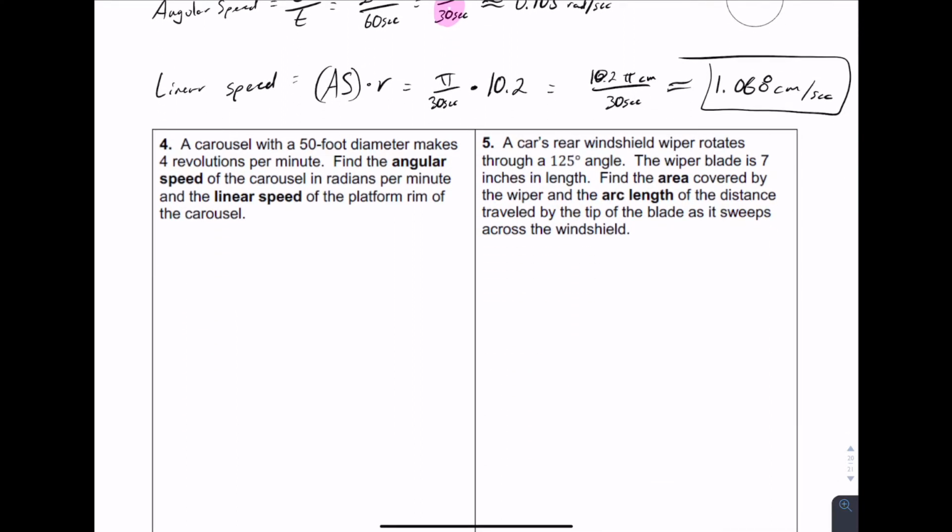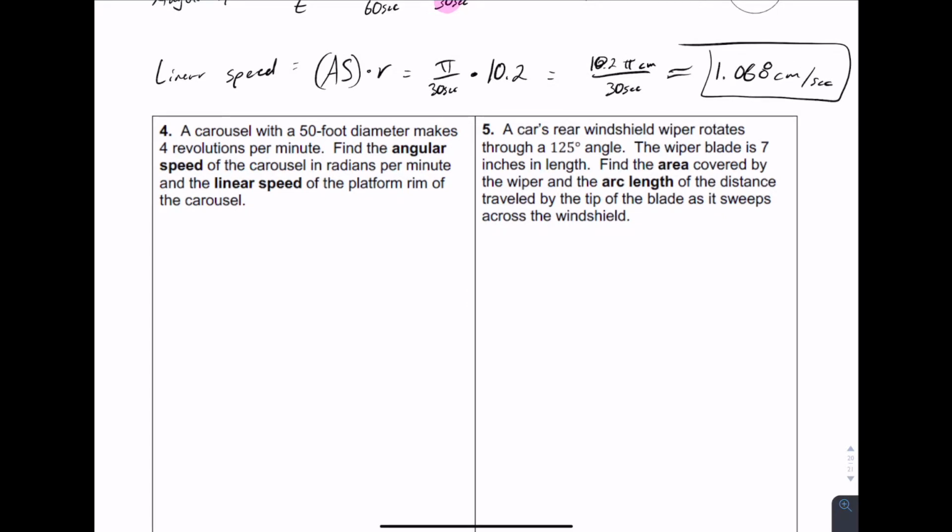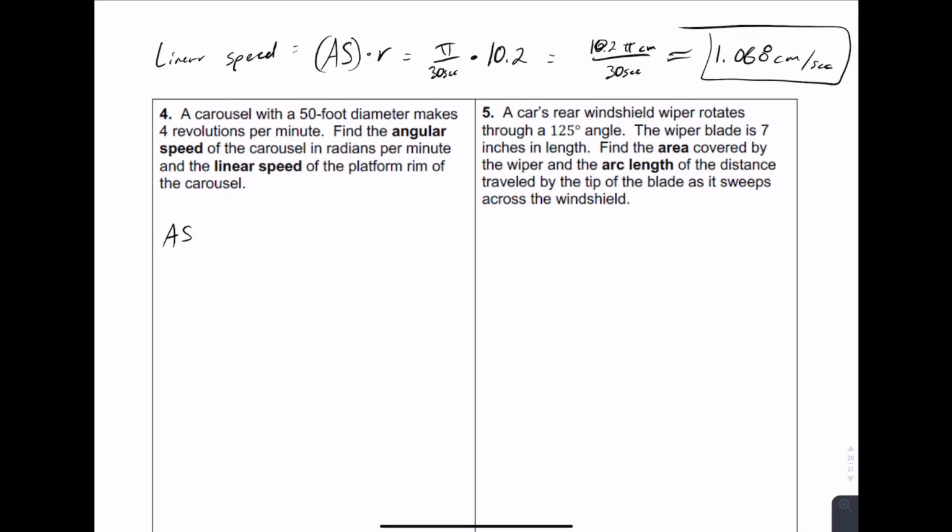So we'll do 2 more examples, and then you guys will be in charge of the rear page. Okay, so a carousel with a 50-foot diameter makes 4 revolutions per minute. Find the angular speed of the carousel in radians per minute and the linear speed of the platform rim of the carousel. Okay, so first things first, angular speed. That is, like we said before, the angle over time.